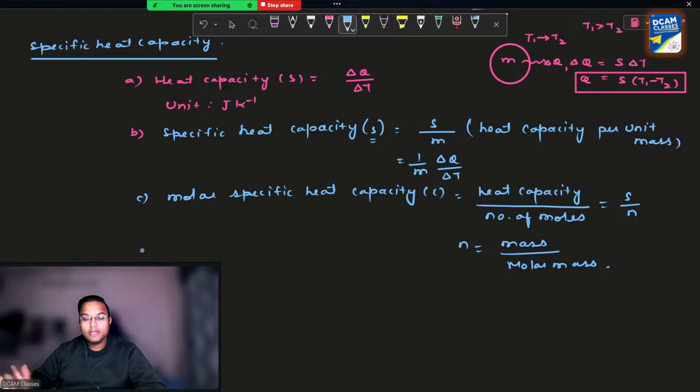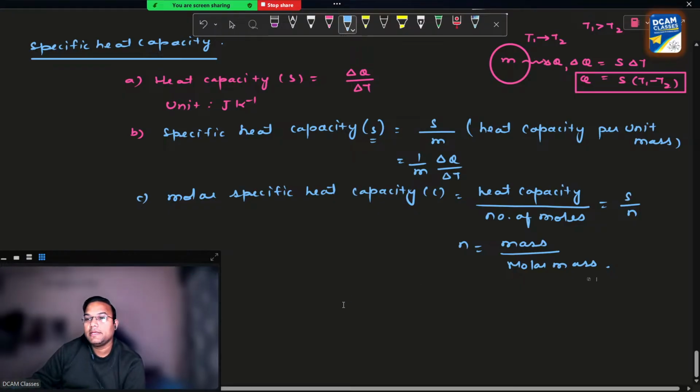So why do we learn these things? Because these formulas are used to find the heat lost or gained by a mass in kg.